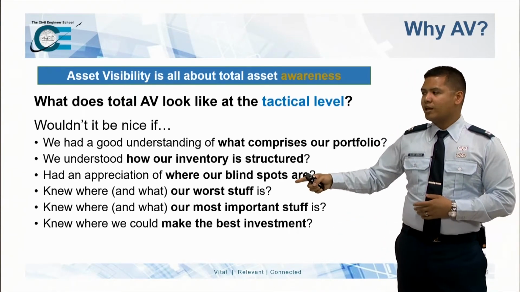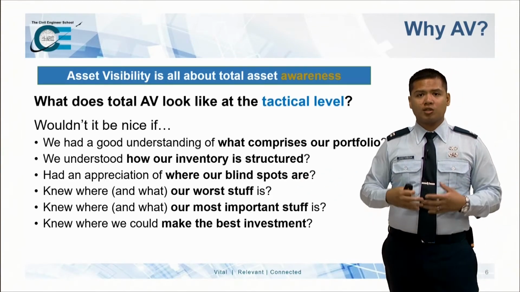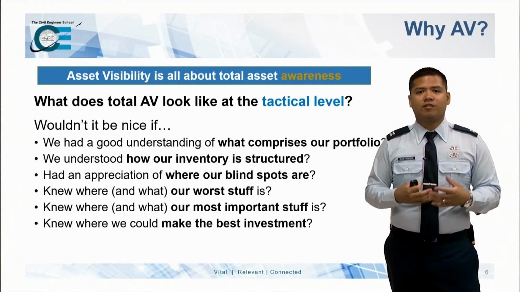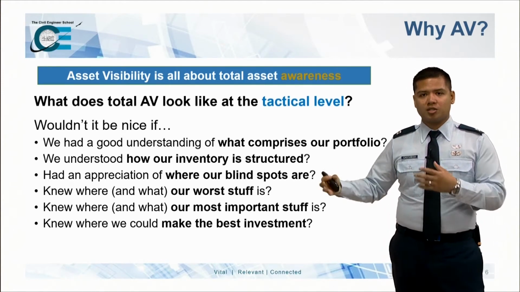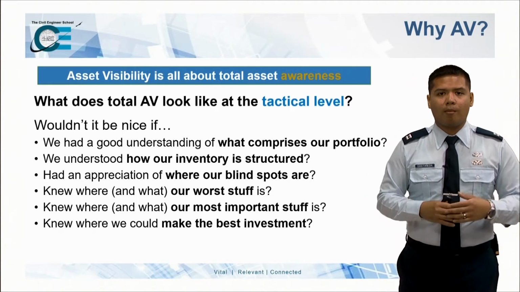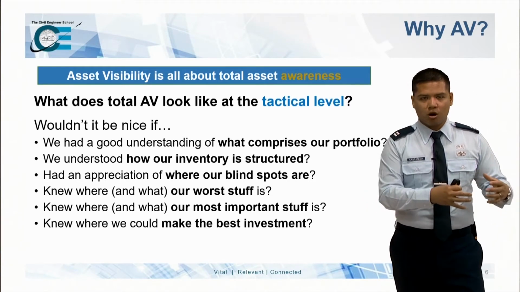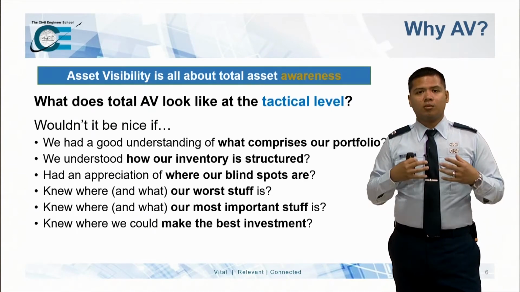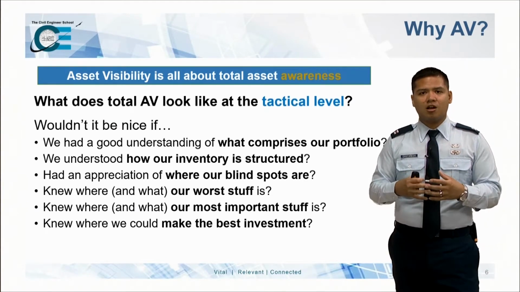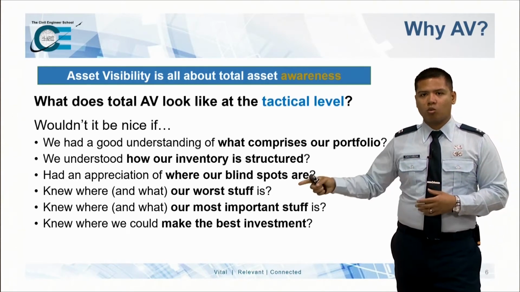And then by knowing what we have and what condition our assets are in and how important our stuff is, we can identify where our worst stuff is, okay? When I'm racking and stacking all my assets, do I know where my problem children are? Do I know what's eating my lunch? Do I know what's taking up all of my time and effort? Where is our worst stuff?